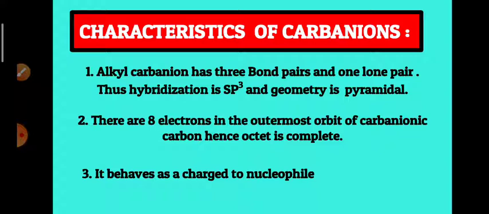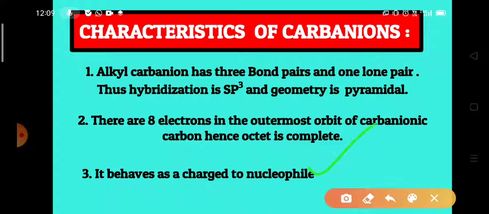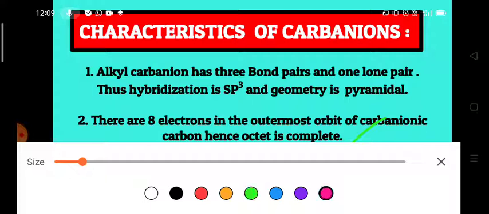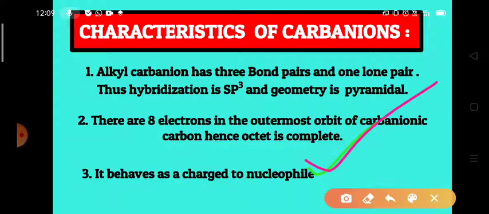Next we go for the third point, that it behaves as a charged nucleophile. We know very well that a nucleophile means a reagent or active species that is attracted to positive charge. So as the carbanion has a negative charge on it, it definitely acts as a nucleophile.